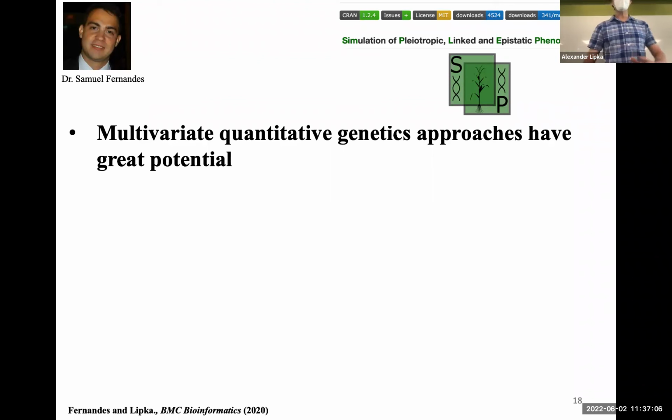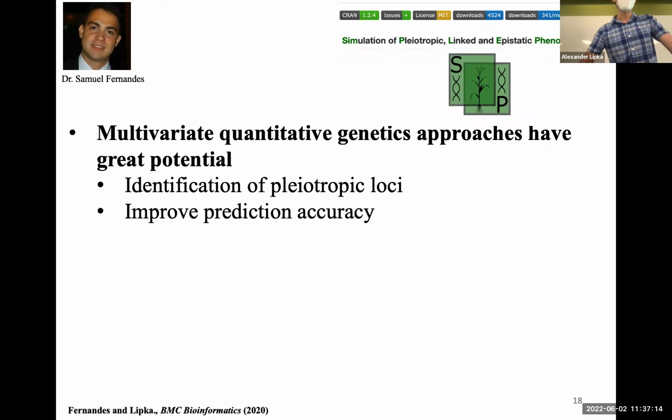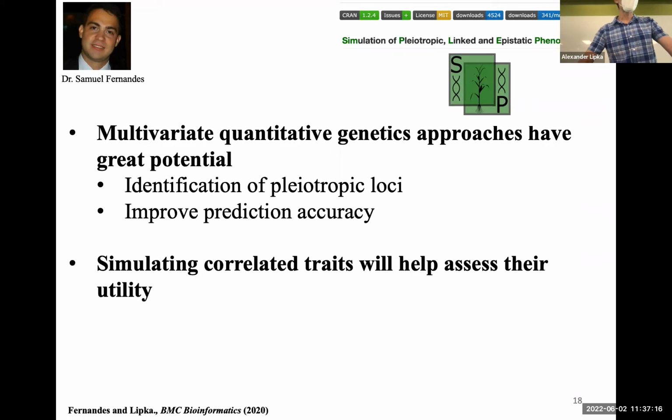Multivariate quantitative genetics approaches have great potential. When I say multivariate, I mean multi-trait approaches. They can help you identify pleiotropic loci and improve prediction accuracy. So, simulating traits that are correlated: with this R package, Simple Phenotypes, you can actually specify the correlation between traits.